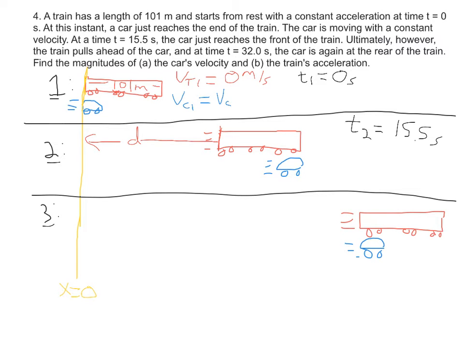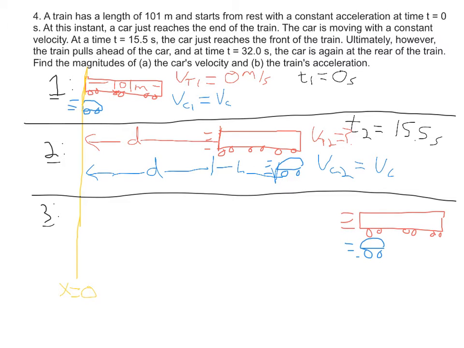And we can observe that the car has gone the distance d plus the distance l, which is the length of the train. So it's covered a larger distance, and it's still moving with its same velocity because it's moving at a constant velocity, and our train has some new velocity that we don't know because it's undergoing this acceleration.